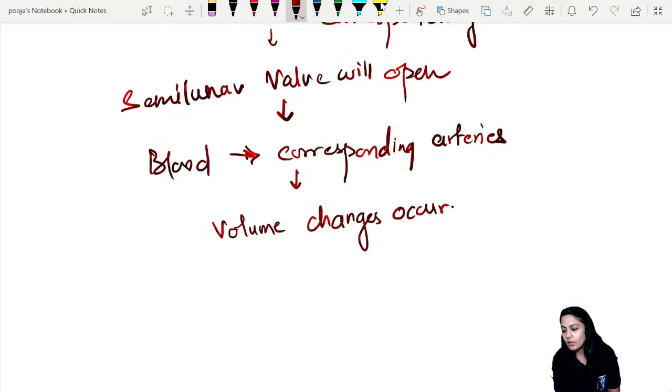So this is the phase we call ventricular or atrial contraction, depending on what pressure changes and what volume changes are occurring.